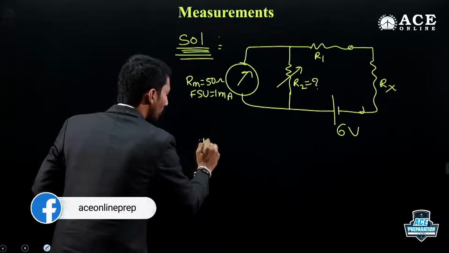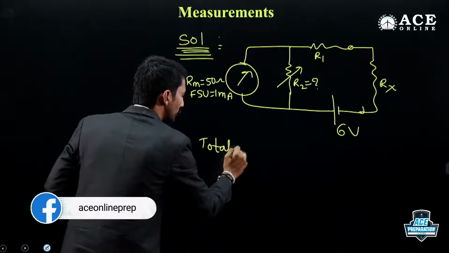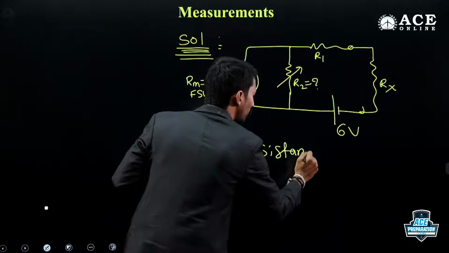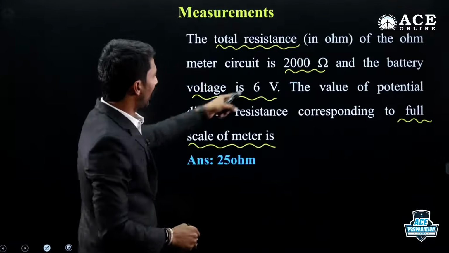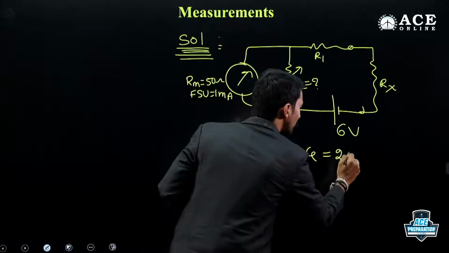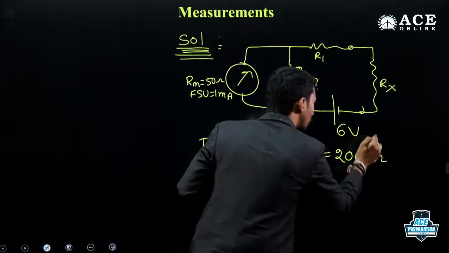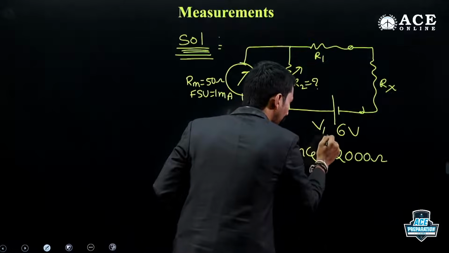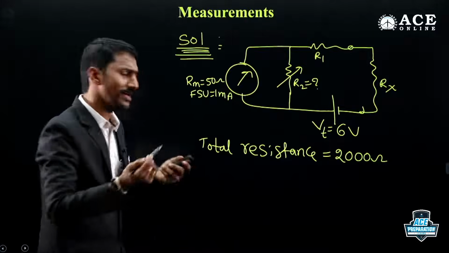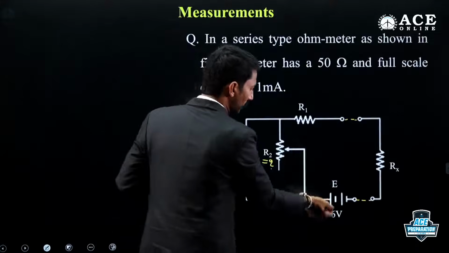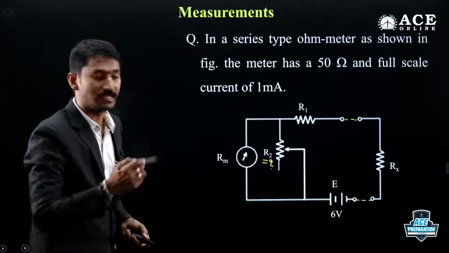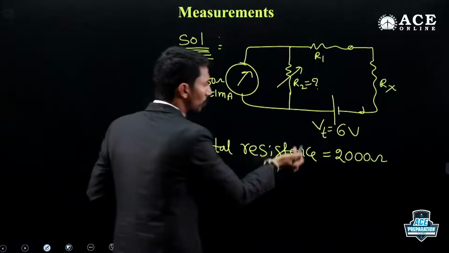The total resistance of the entire ohm meter circuit is given as 2000 ohm. Total voltage VT is 6. Can't we calculate total current? Yes, total voltage and total resistance are given, so we can calculate total current.